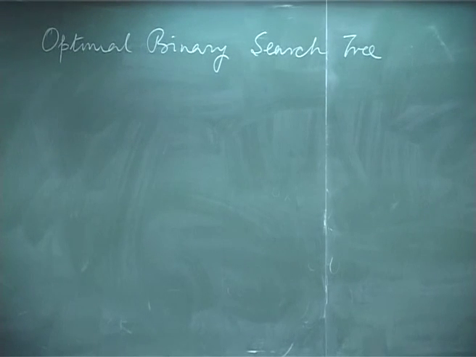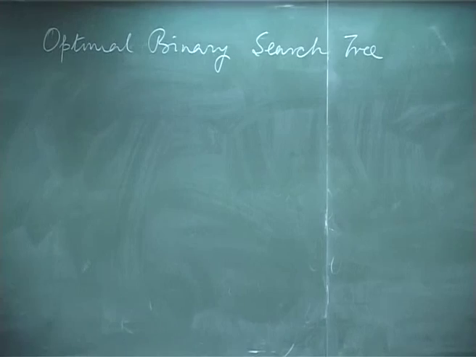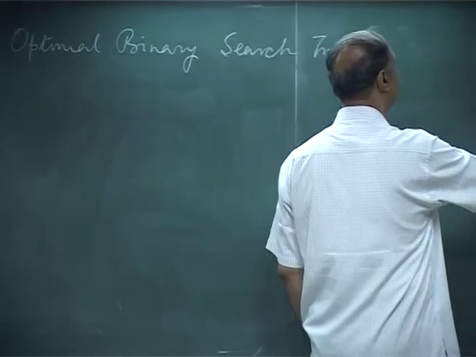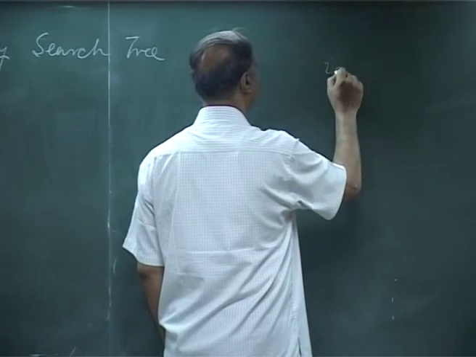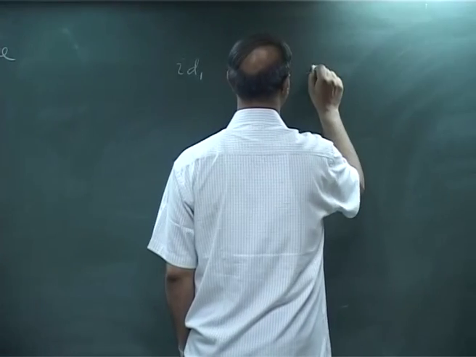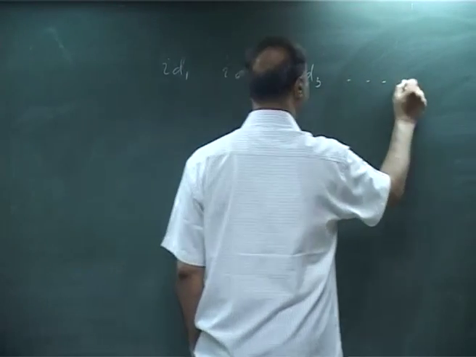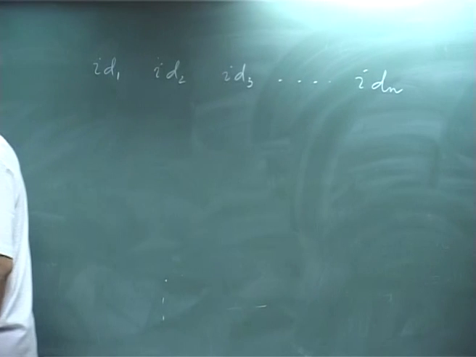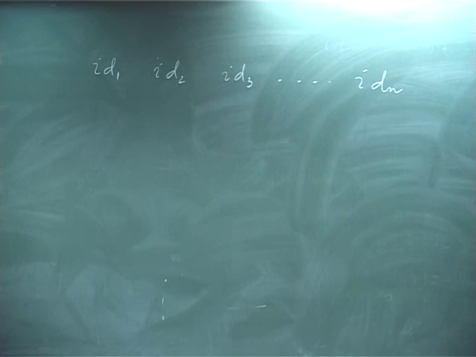Here the problem is that suppose you have several identifiers, say ID1, ID2 and ID3, up to ID n. There are n identifiers, and we like to search these identifiers several times.